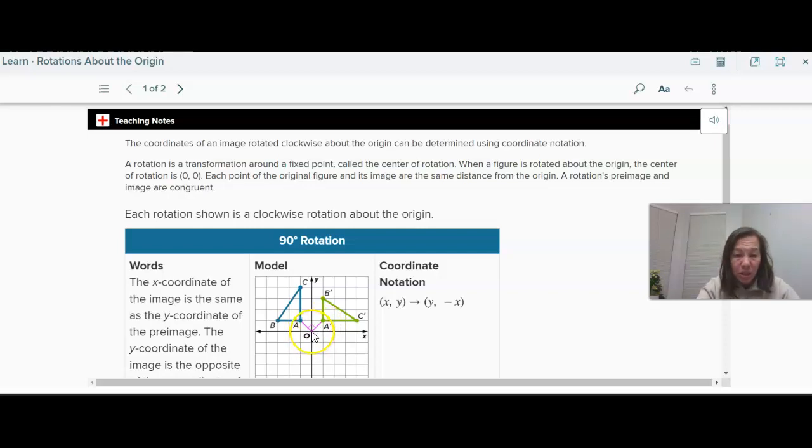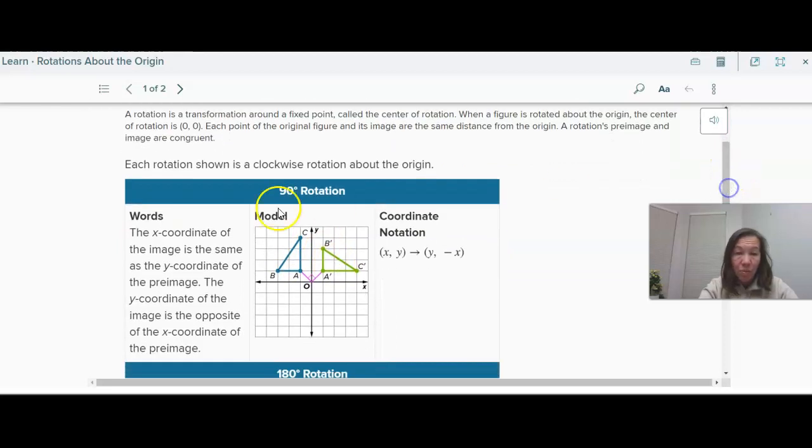So if we want to rotate 90 degrees clockwise, the x-coordinate of the image, the final one, is the same as the y-coordinate of the pre-image, and the y-coordinate of the image is the opposite of the x-coordinate of the pre-image.